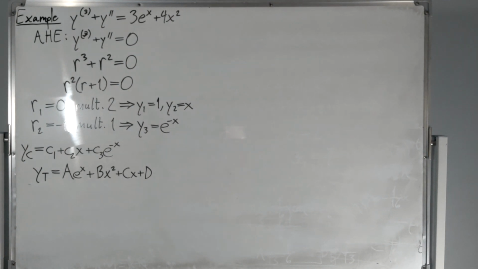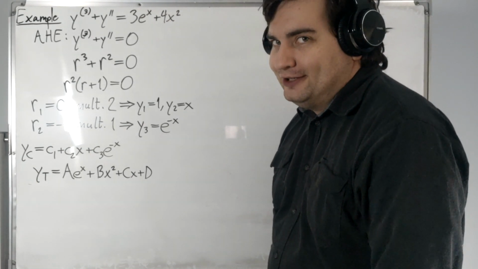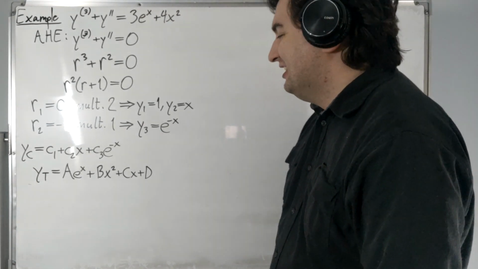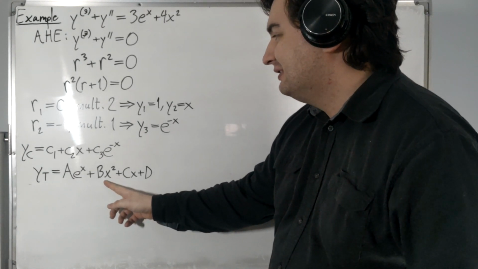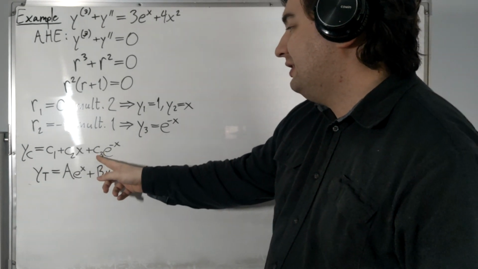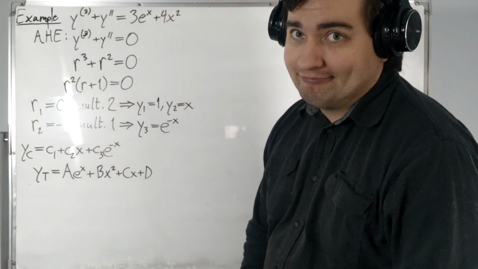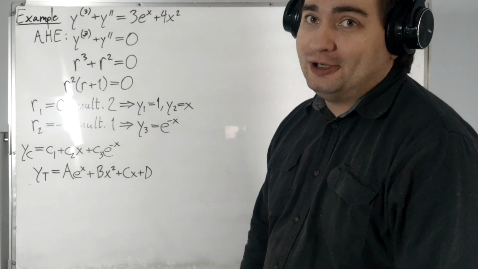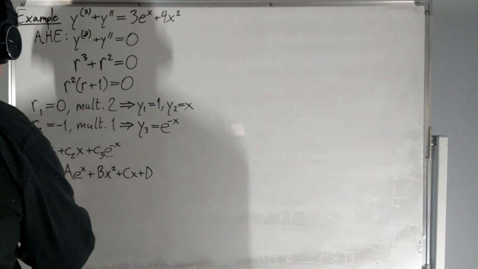But you look at this for a second and you realize you've got duplication. You've got duplication because if you set a and b to be 0 and c3 to be 0, then these are basically the same function. So we're going to have to alter our guess. We're going to have to throw this out and come up with a new guess.